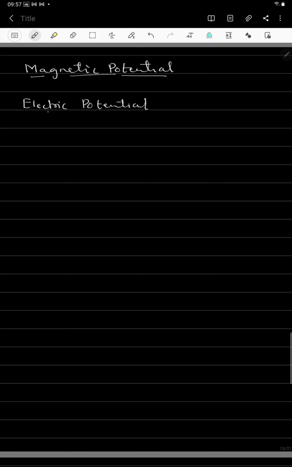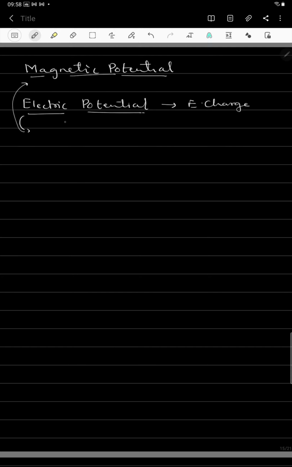So how will you get the electric potential due to that electric charge or electric field? Let us briefly see this electric potential, and after that we'll go to the magnetic potential or magnetic potential energy due to the dipole.